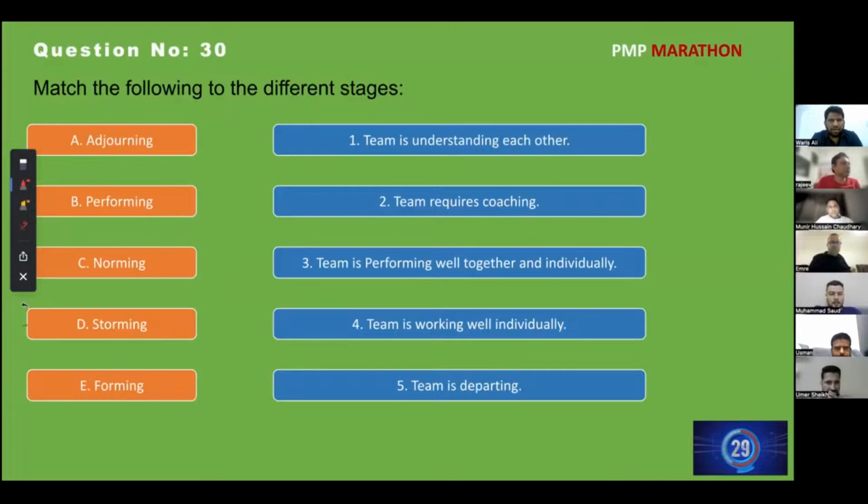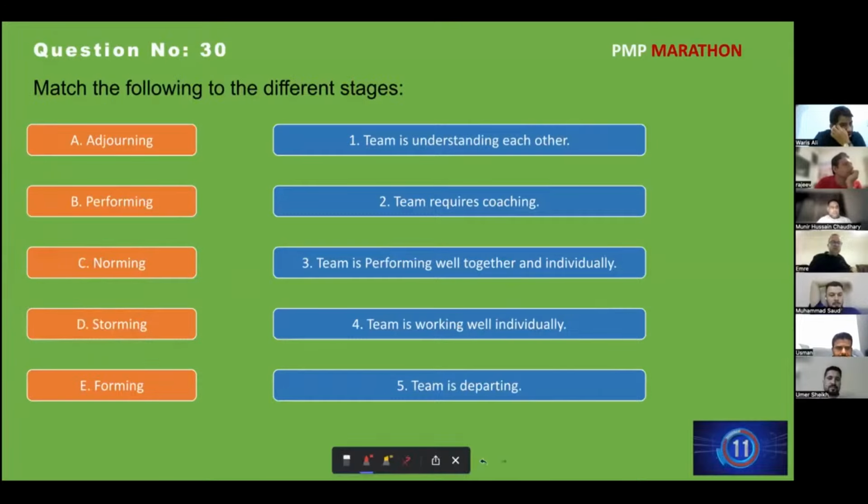Match the following to the different stages: A, adjourning; B, performing; C, norming; D, storming; E, forming. Number one, team is understanding each other. Team requires coaching. Team is performing well together and individually. Team is working well individually. Team is departing.